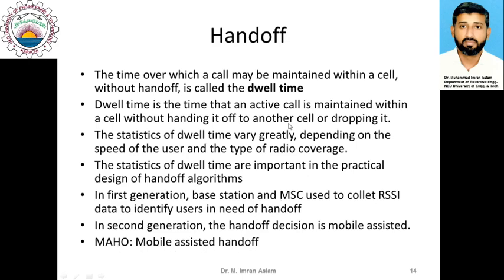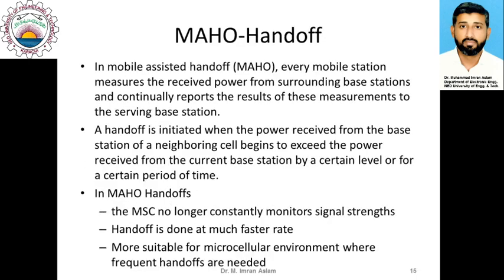Mobile assisted handoff is a new approach towards planning of handoff. In mobile assisted handoff, the mobile station has to measure the received power from all the surrounding base stations.